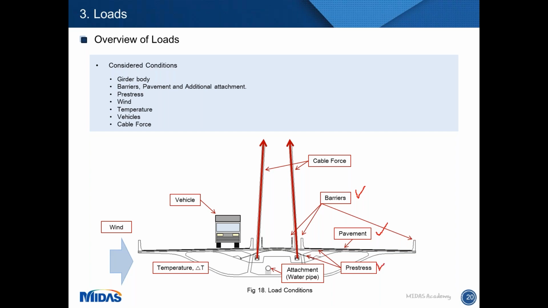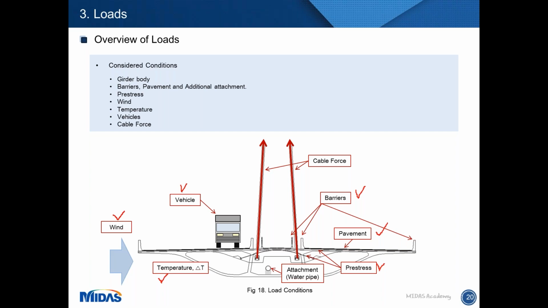And also we can see wind, temperature difference, vehicle, and K force in the load case. Some loads can be replaced as the element model, and the others can be considered as static load cases, such as the nodal load, pressure, pre-stress, and so on.